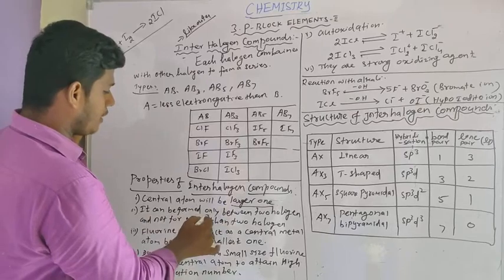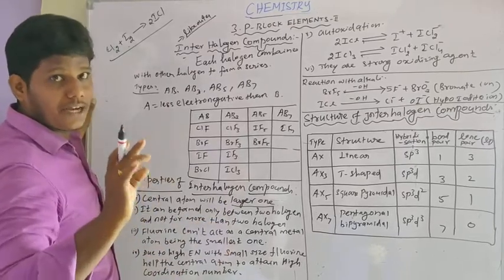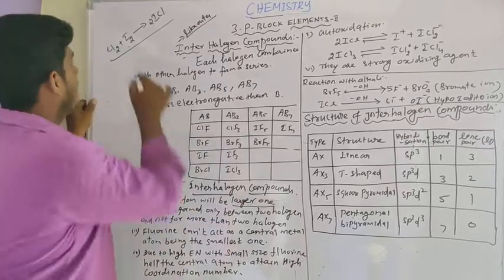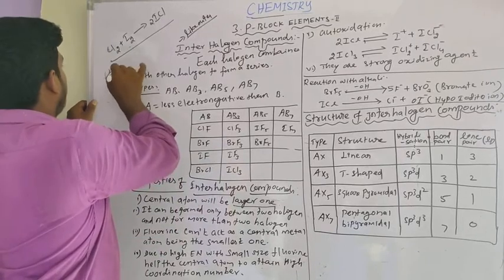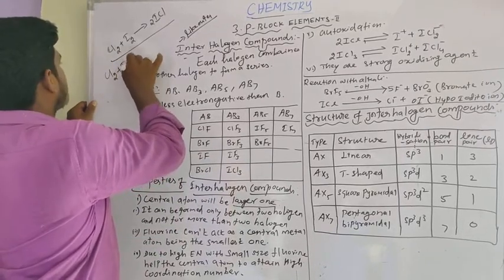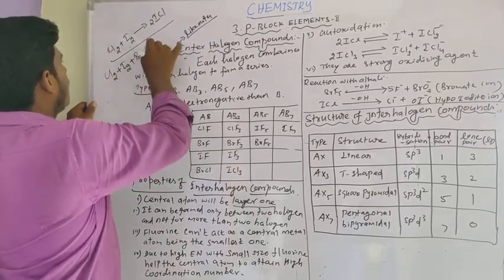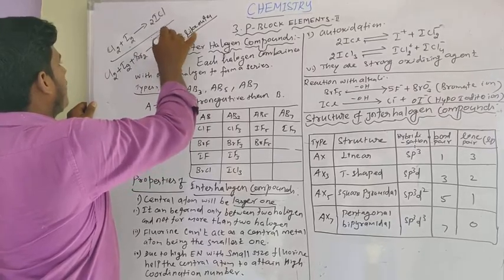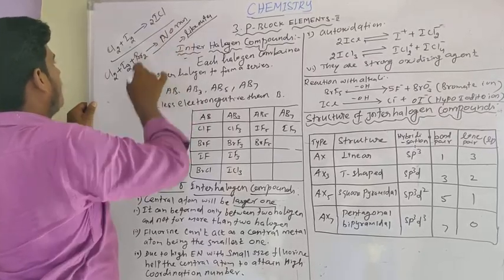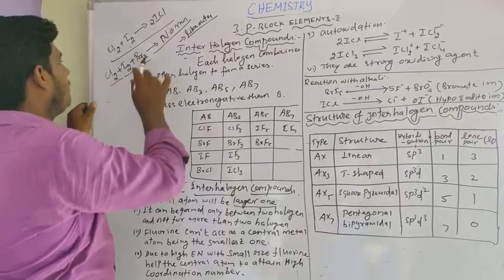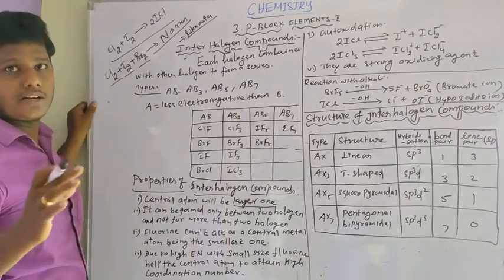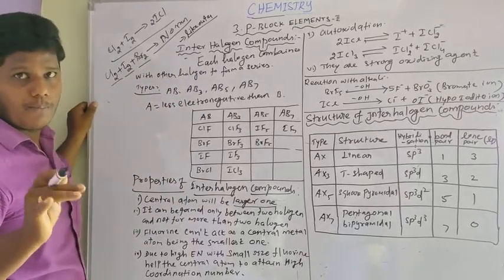It can form only between two halogens, not more than two halogens. Like chlorine, iodine, also bromine: more than two halogens means no reaction. So more than two halogens do not combine to form a compound.